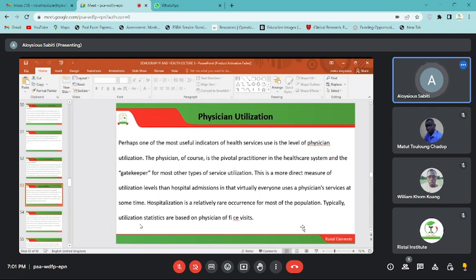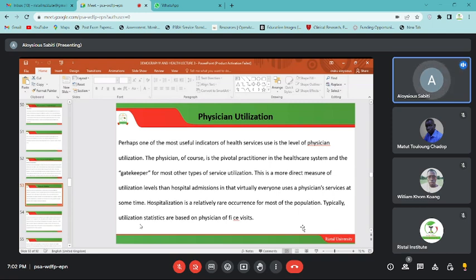For any client, the WHO requires that the individual goes through OPD, is seen by what other people call a clinician, or what they call a physician, and then they can go ahead to utilize other services. That is why utilization of the physician is a key measure.